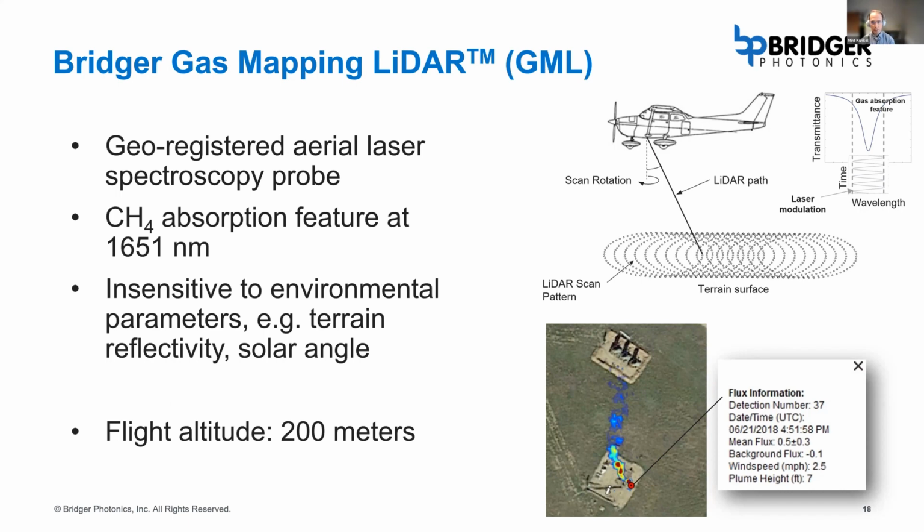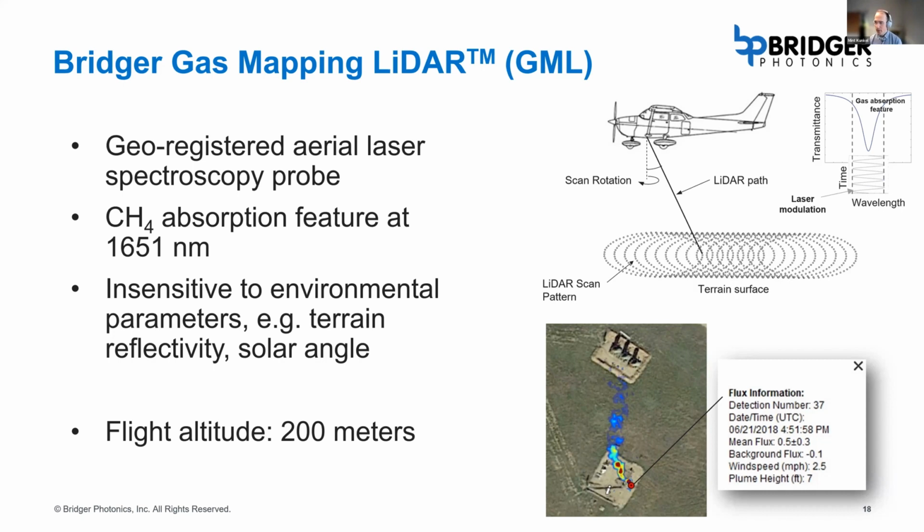And this laser probe is basically a wavelength scan system that's focused on the narrowband absorption feature of methane around 1651 nanometers. This type of active illumination wavelength modulation spectroscopy system is relatively insensitive to environmental parameters such as terrain reflectivity and solar angle.